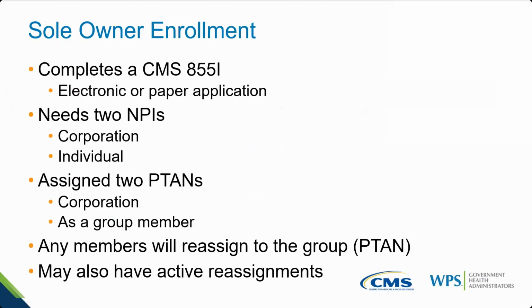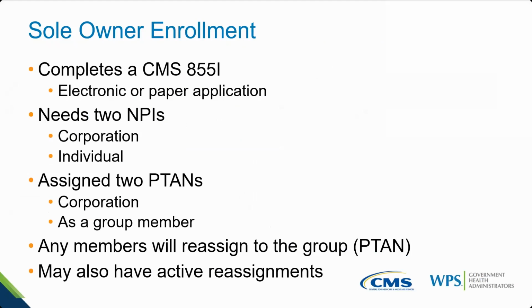If you've ever seen the National Plan and Provider Enumeration System, or NPES, where it says what kind of NPI it is, type 1 or type 2, that's the distinction I'm talking about there. So a corporation will have a type 2, and then they themselves as an individual provider will need a type 1 NPI. And they do need to have both of them before they submit the application.